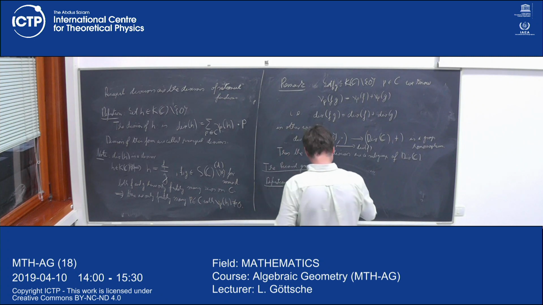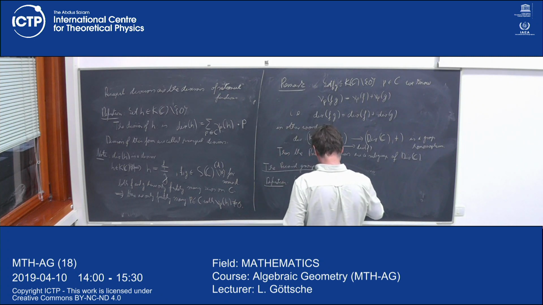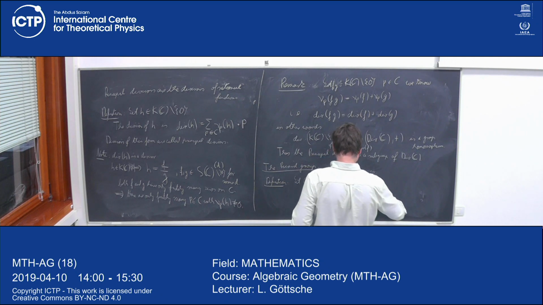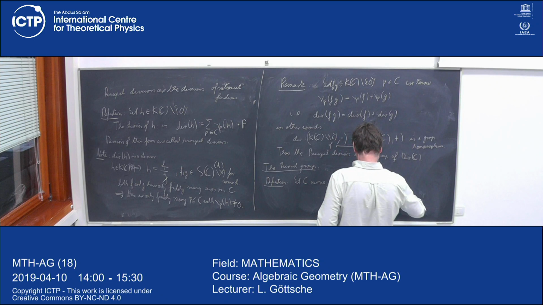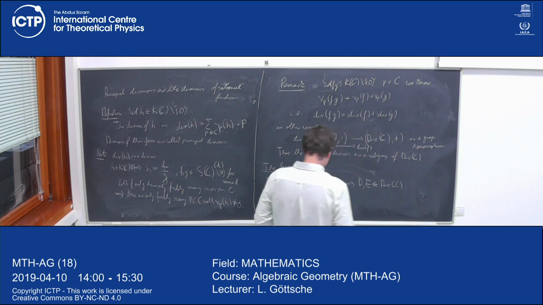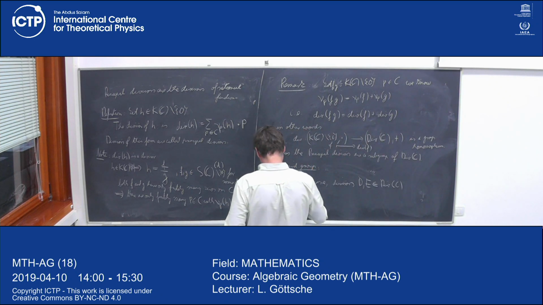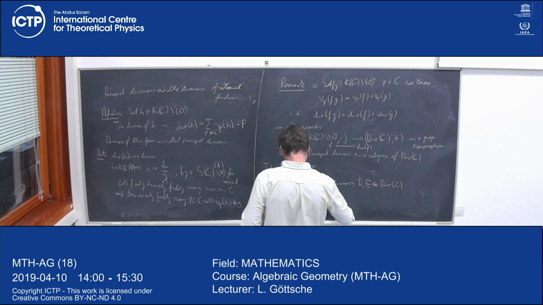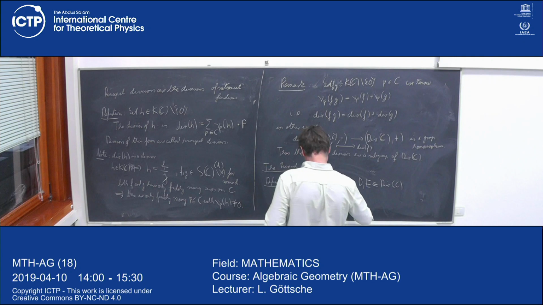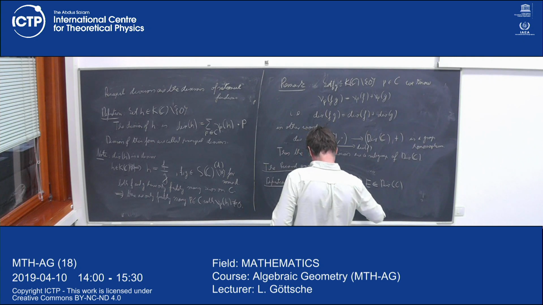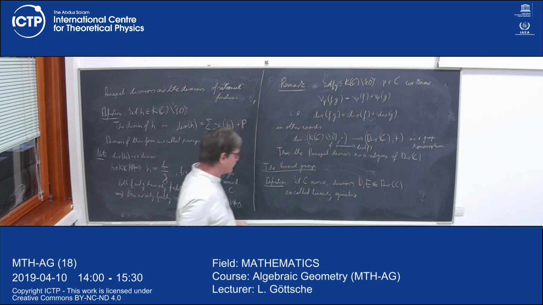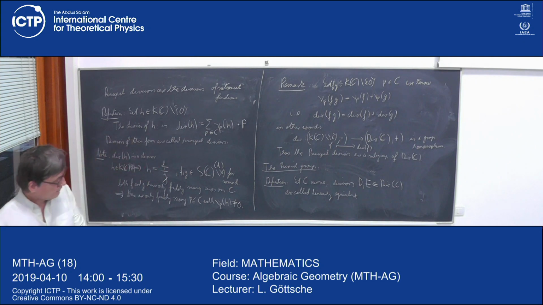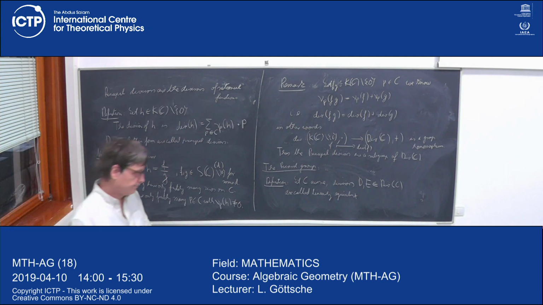Two divisors D and E are called linearly equivalent if their difference is a principal divisor.